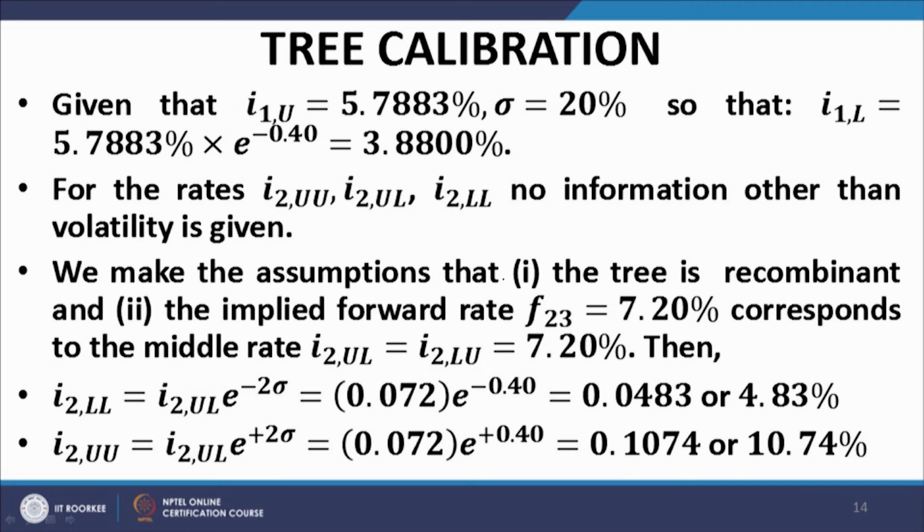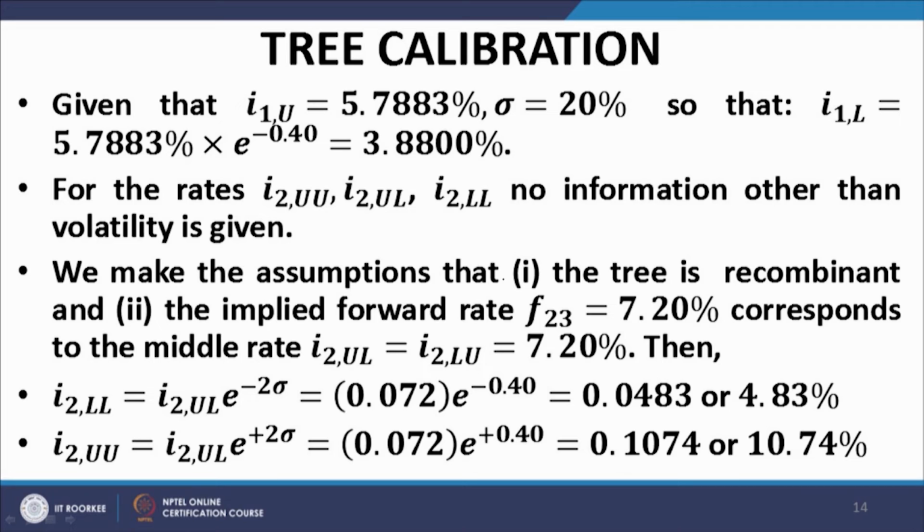So, I1L is nothing but I1u e to the power minus 2 sigma, where sigma is equal to 20% and I1u is equal to 5.7883%. When you substitute the values, you get I1L equal to 3.88%. So, this is quite simple, trivial.